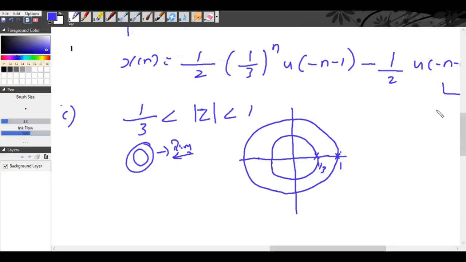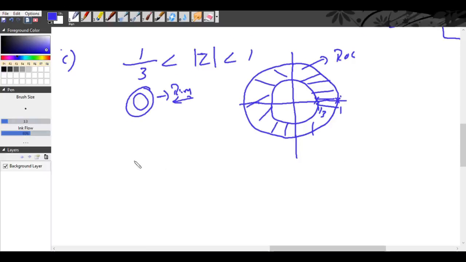It looks like a ring approximately. So the new ROC will be between 1 by 3 as well as 1. These are simple concepts we have already discussed while explaining the properties, and I am just extending it to a problem.